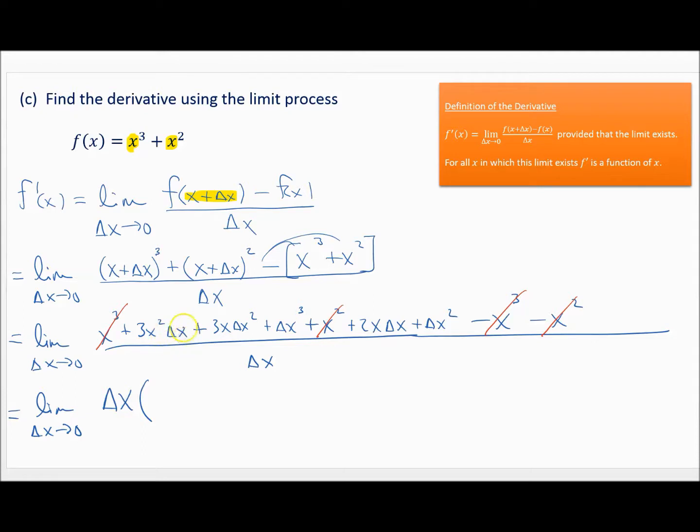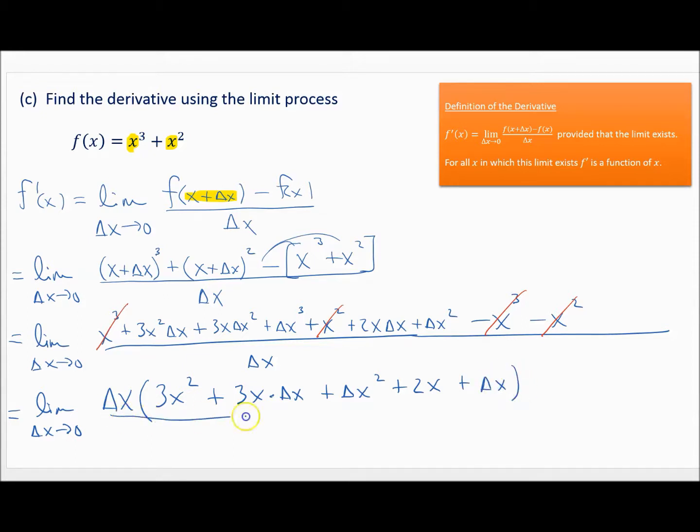So that one's going to come out of the 3x squared, and that's going to leave 3x squared, plus one of those, because it's delta x squared, so I still have 3x times delta x. One of those, so that's going to be delta x squared. 2x delta x, that entire delta x comes out and leaves 2x, and at the end, plus delta x.